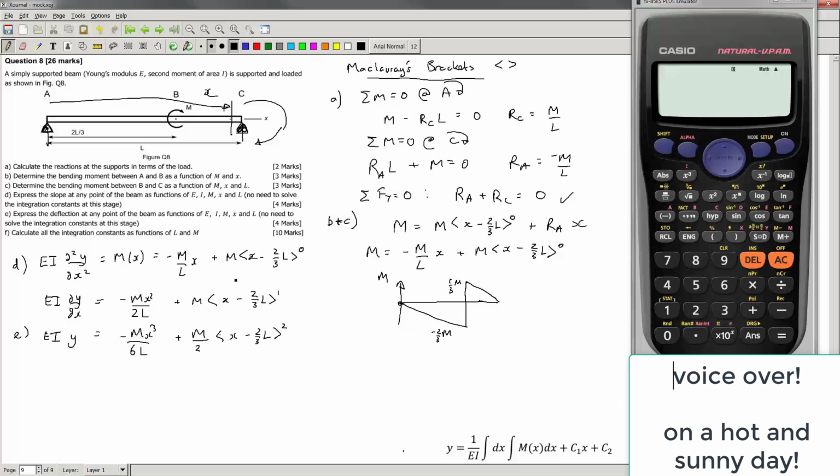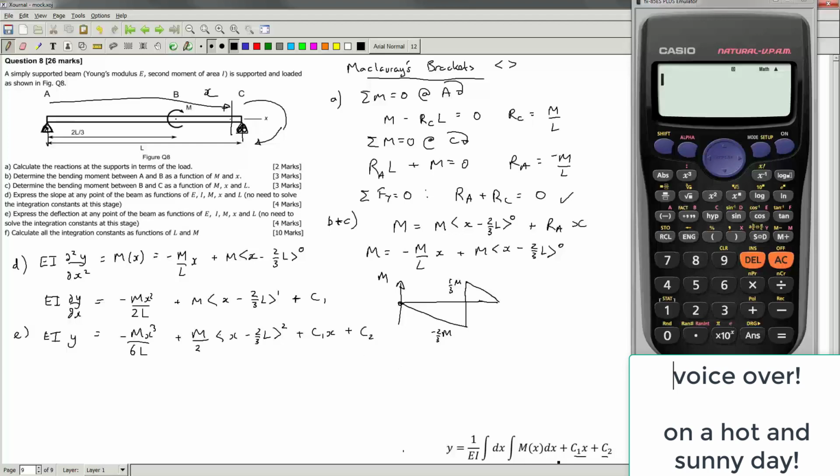And again, what have I forgotten to do? Well, I should notice that we should be looking for C1 and C2 here. I've forgotten to put these constant terms on when I do my integration. So for the first derivative, I add on my first constant, which we call C1. When I integrate a constant, it becomes C1 times x.